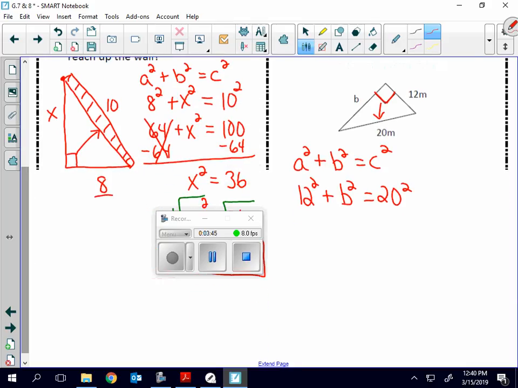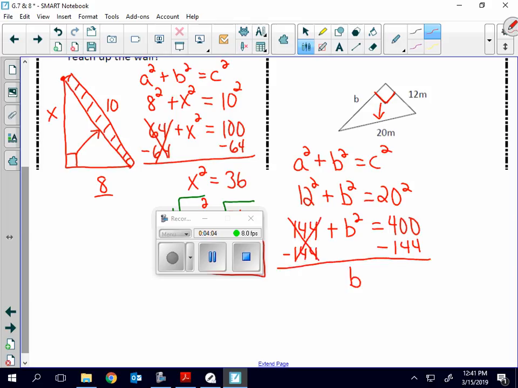All right, 12 squared, you guys know that's 144, plus B squared equals 20 squared, which is 400. To get B squared alone, we're going to subtract 144 from both sides, leaving me with just B squared on the left, equaling 400 minus 144, which is 256.